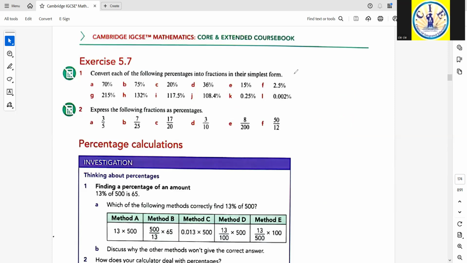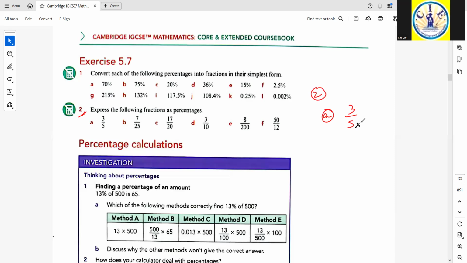Now the other way around, express the following fractions as percentages. It's question number 2 now. Part A, 3 by 5. When we need to convert it, that means we should have the denominator as 100.